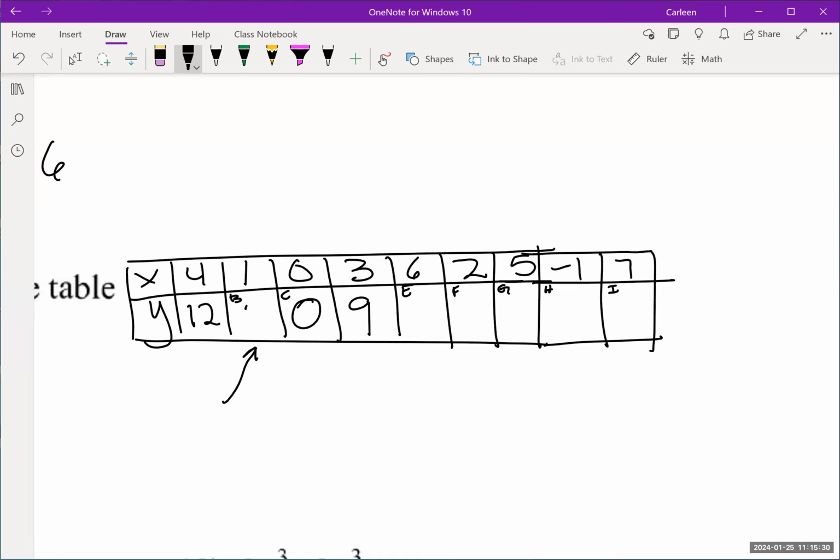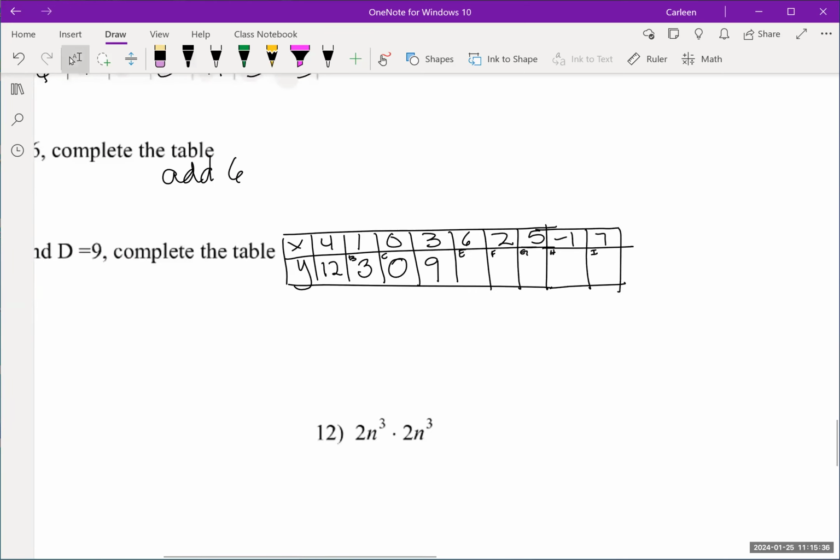All right. 3 times 1 is 3. So the pattern is multiply by 3. Yeah, 6 times 3 is 18, 2 times 3 is 6, 5 times 3 is 15, negative 1 times 3 is negative 3, 7 times 3 is 21.